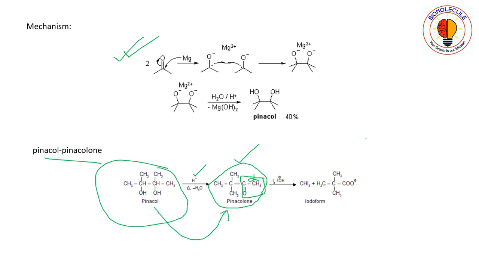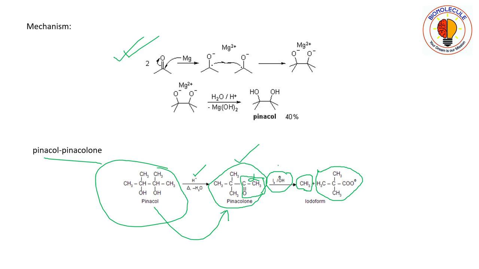So it can undergo haloform reaction. If we treat it with iodine in presence of sodium hydroxide or potassium hydroxide, you will get iodoform and the corresponding salt of carboxylic acid having one carbon atom less than the substrate.